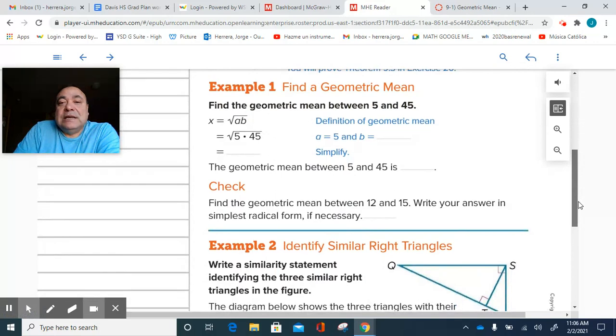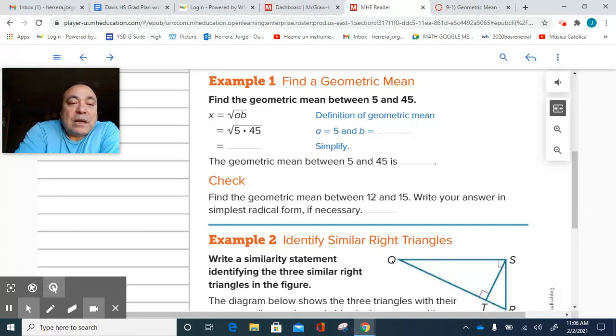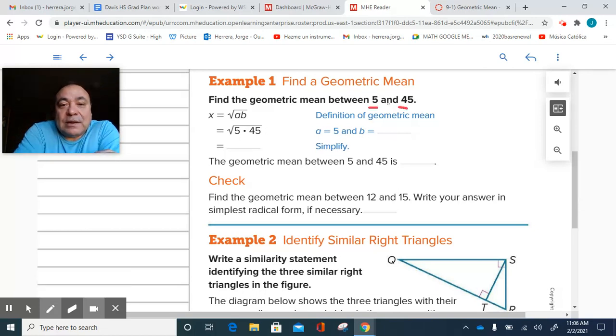Okay, so let's try this one. If they want us to find the geometric mean between 5 and 45. As you can see right away, guys, all we have to do is multiply 5 times 45 right there.